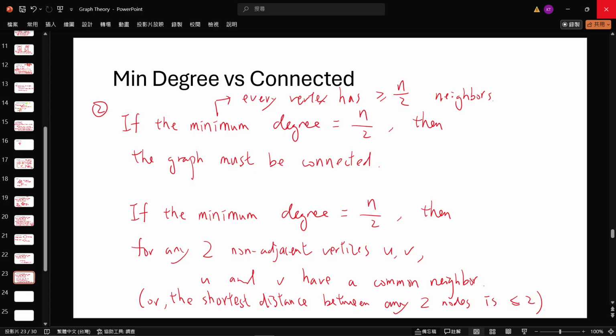So when I lower the minimum degree, the shortest distance increases.